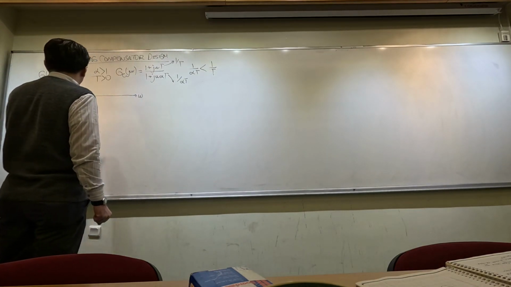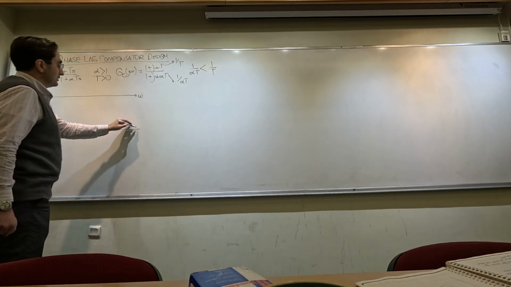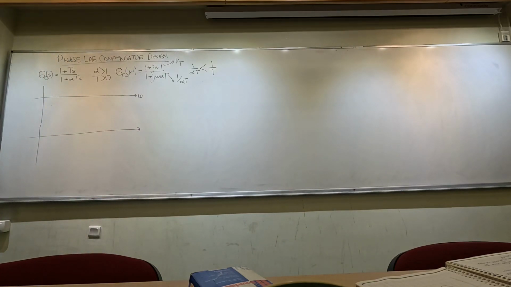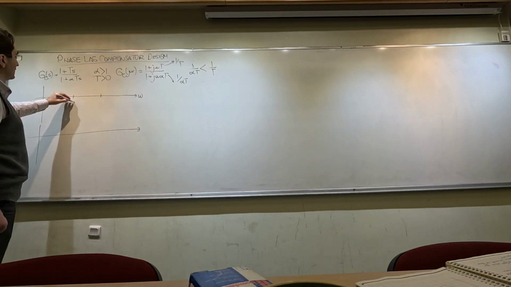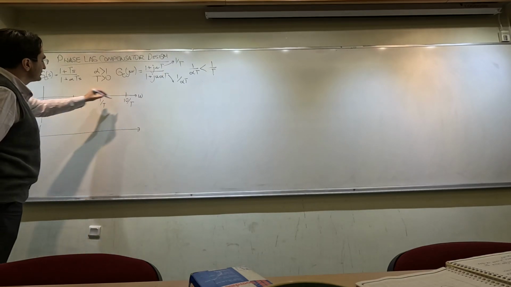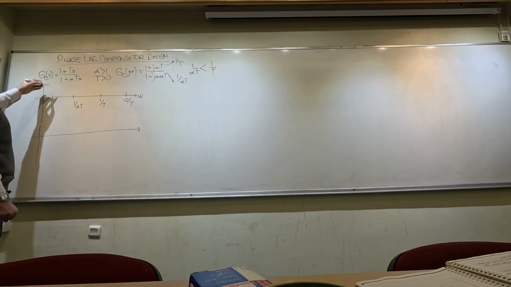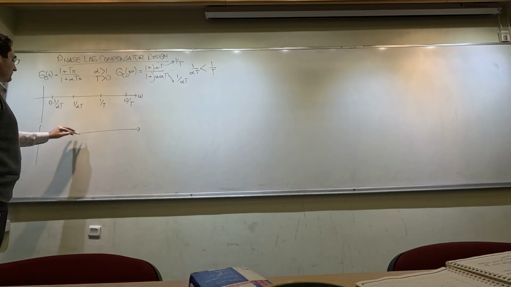This is omega, and I can try to plot the phase waveform here. If I mark the corner frequencies, I will have 1 over alpha T and 1 over T here. I have 10 over T, and also 0.1 over alpha T. I have the same frequencies here.